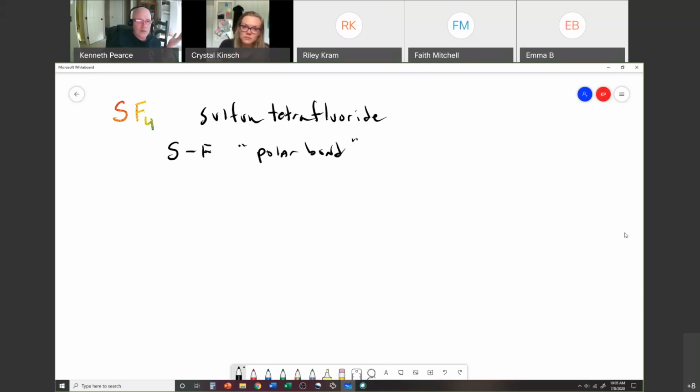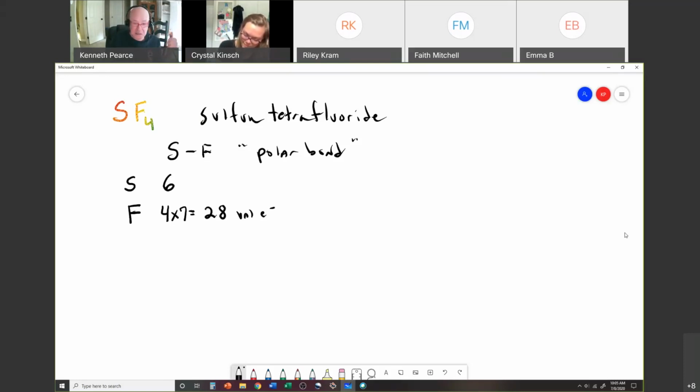And then we can wonder what the Lewis dot structure looks like. So we look at the number of valence electrons for each one. Sulfur has 6. We look on our periodic table and count across 1, 2, 3, 4, 5, 6. Then we look across at fluorine, and there are 4 times 7, which gives me 28 valence electrons. Sound familiar so far?